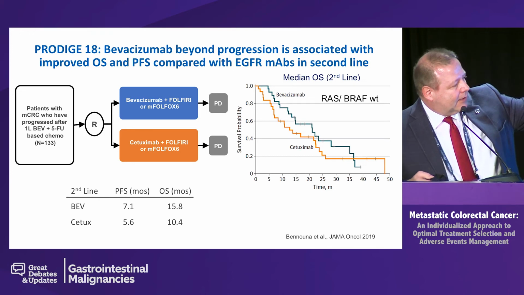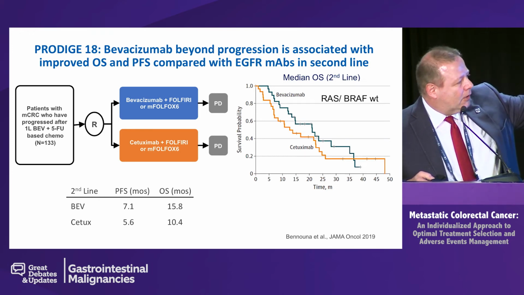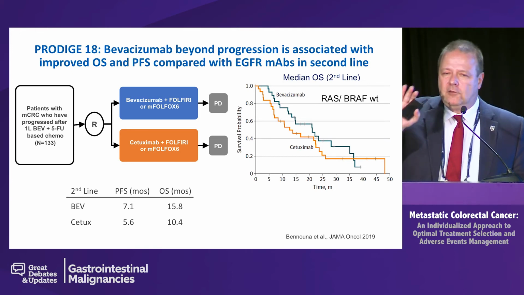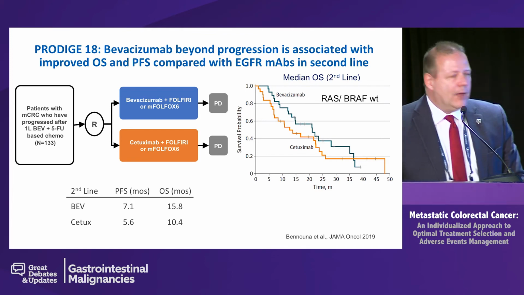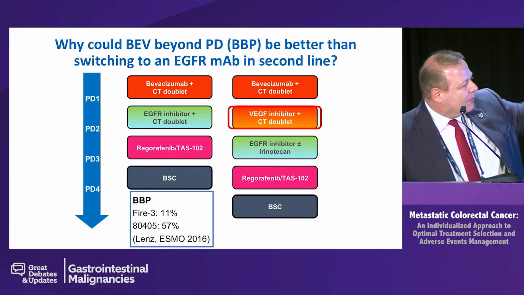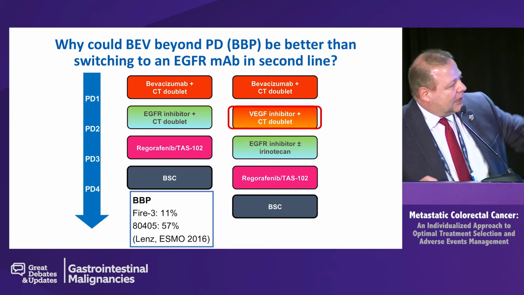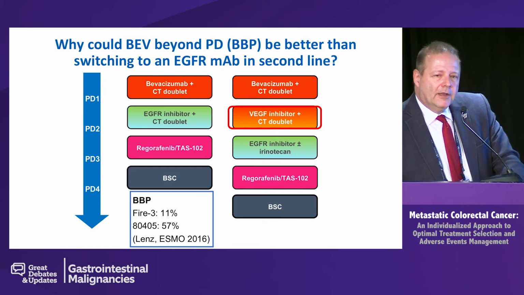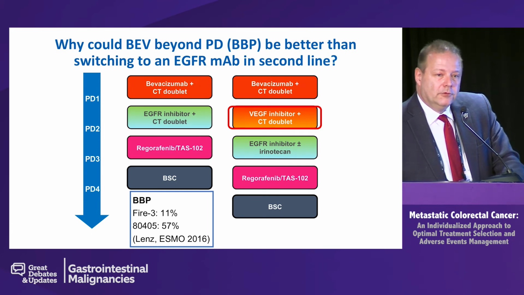So on the right-hand side, you see overall survival for KRAS exon 2, but if you look at all RAS, RAF wild type, still you see a trend, not statistically significant, a trend toward benefit for bevacizumab. Why would that be? If you start with Bev, RAS, RAF wild type, left-sided tumors, so real candidates for EGF receptor antibody therapy, if you start with Bev in a chemotherapy doublet, and you go to an EGF receptor antibody in second line, your third line is regorafenib or TAS-102.